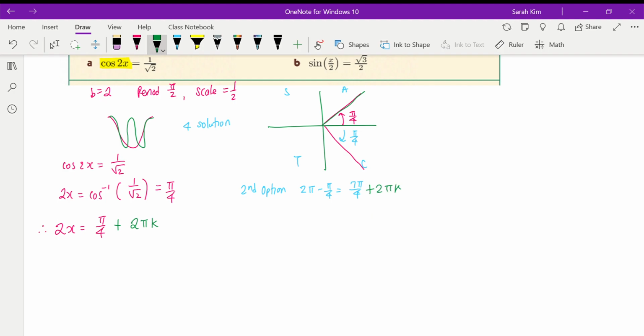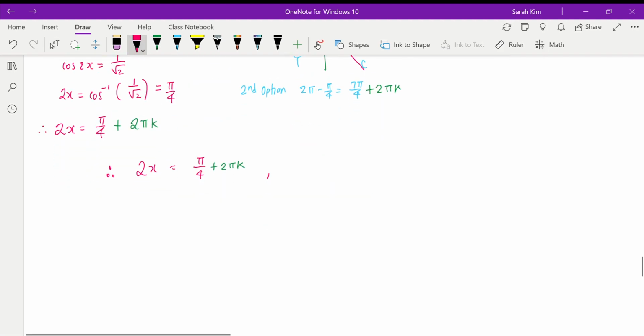If I write my final answer, therefore 2x, remember that we've inversed 2x, so that's the answer we found. So pi over 4, I'll write the 2 pi k in different colours so you can see, and we've got 7 pi over 4 plus 2 pi k. Now, do you notice that there's this 2 there? We don't want 2x.